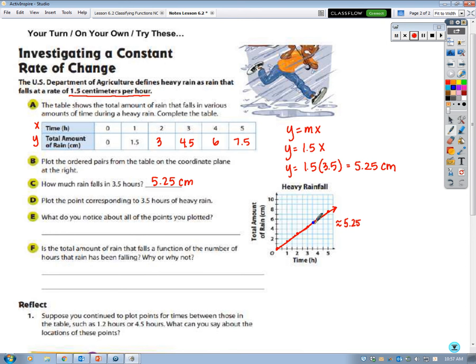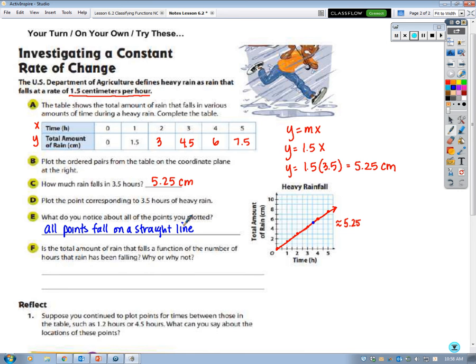And so what do you notice about all the points that you plotted? Well, they all fall along a straight line. And I already connected them, so I knew that. And now connecting concept, what does that mean? What does that tell me? That tells me that this is a linear equation.